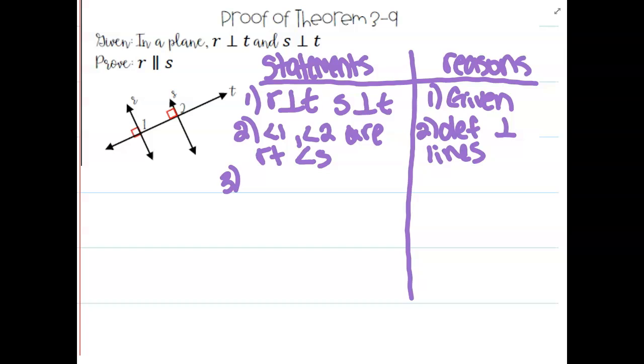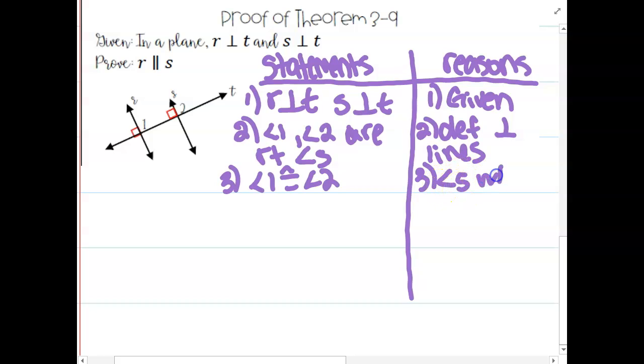That's what I'm trying to get at. Angle 1 is congruent to angle 2 because they have the same measure, and we know that angles with the same measure are congruent. That's the definition of congruent angles.